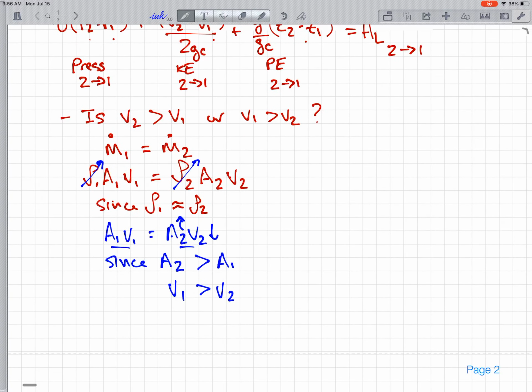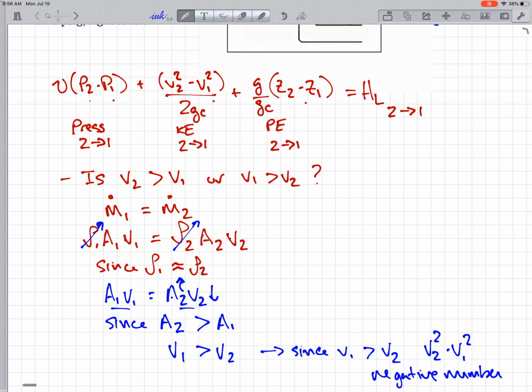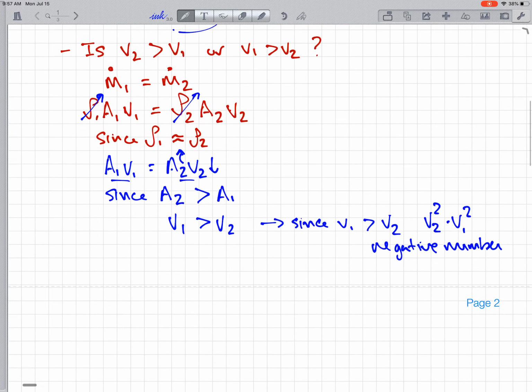And then since V1 is greater than V2, V2 squared minus V1 squared is going to be a negative number. So right here we're going to have a negative for that.